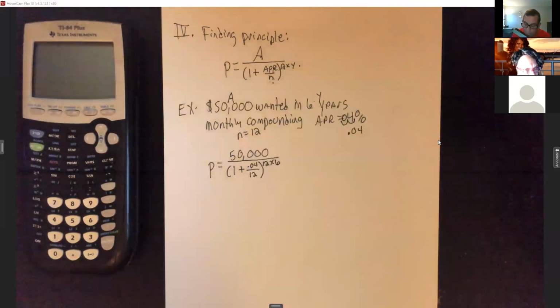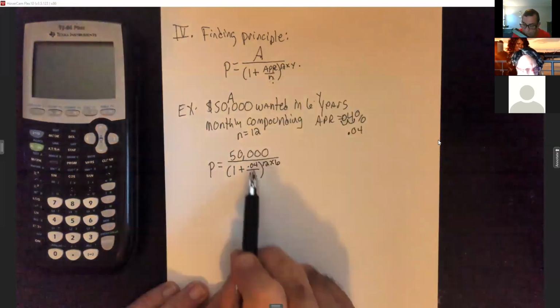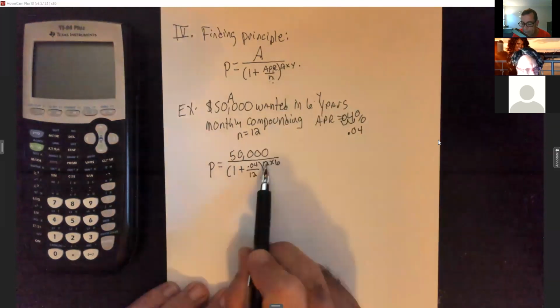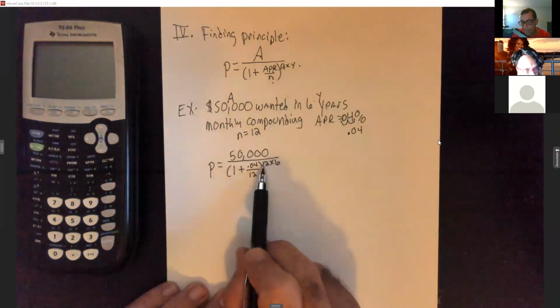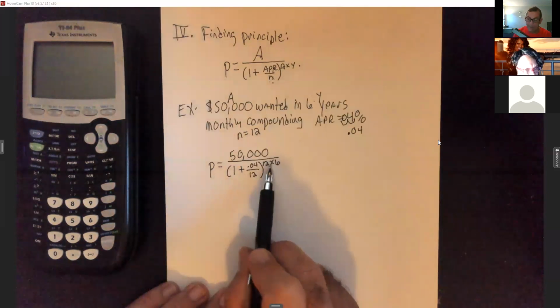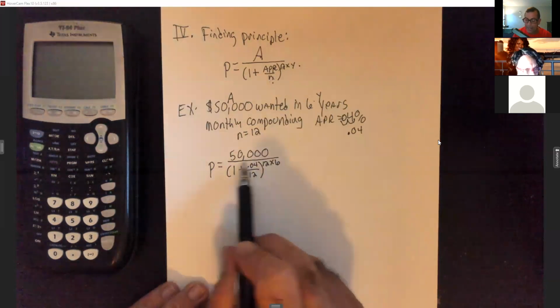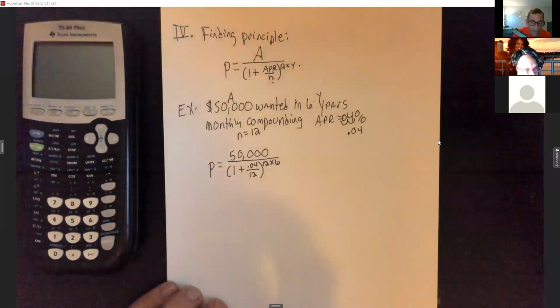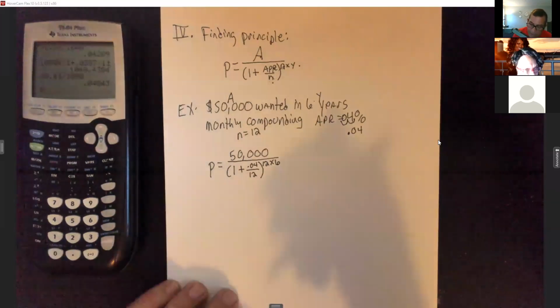So to do this problem, you would work inside the parentheses, divide first, then add the 1. Then you would raise that to, what's 12 times 6? 72. Raise that to the 72nd power. Then the last step is to take this 50,000 and divide by everything you had on the bottom. Okay? So on the calculator, let's do this.